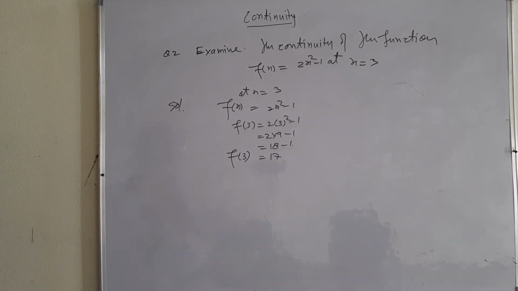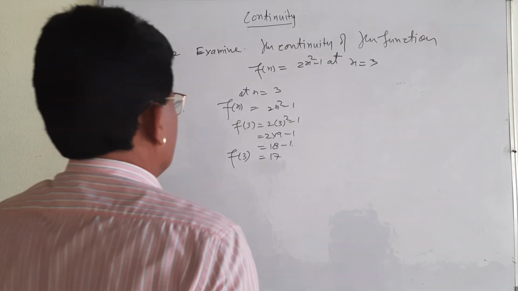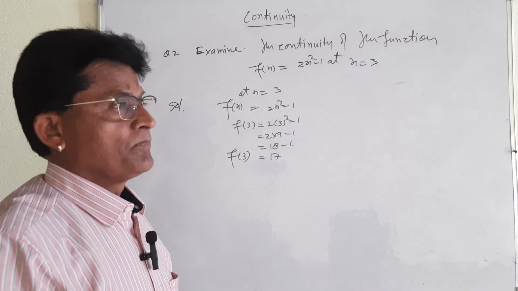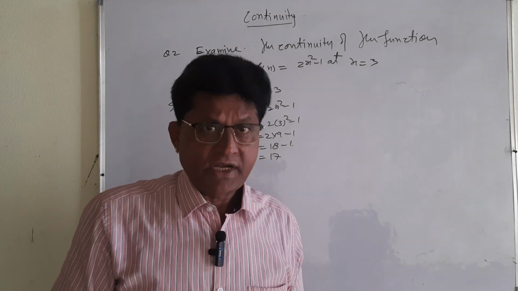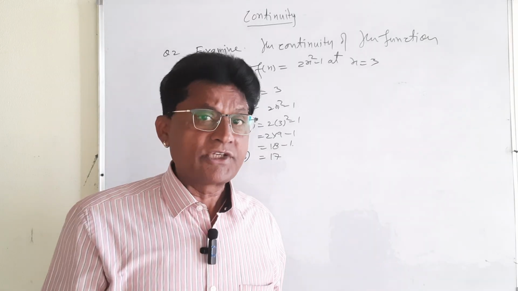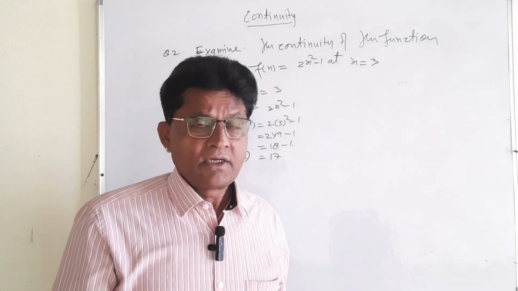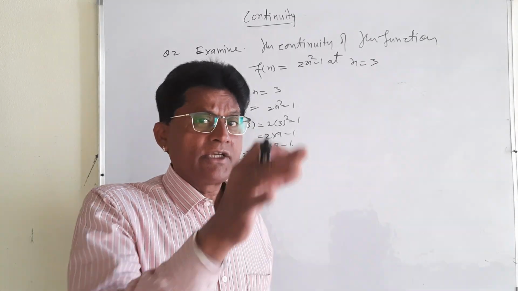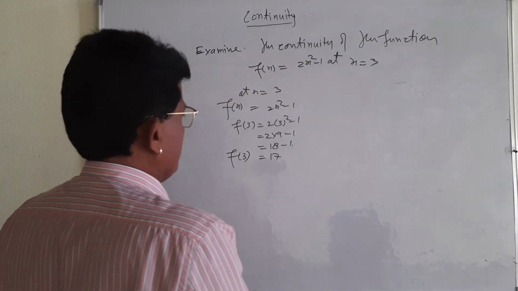I have collected this question because sometimes the students are unable to understand. That is why I am taking the simple questions first of all. As I told you, in mathematics, first of all you solve the simple question directly depending upon the condition.